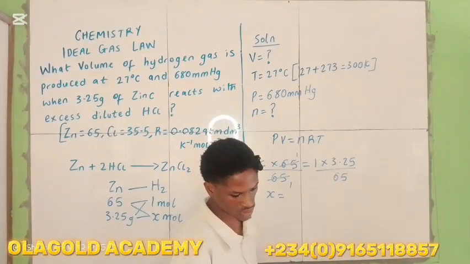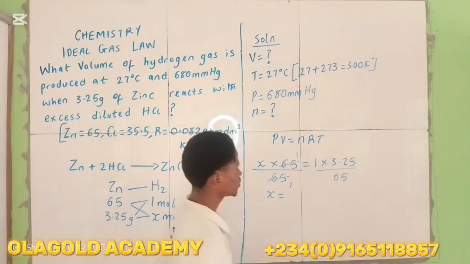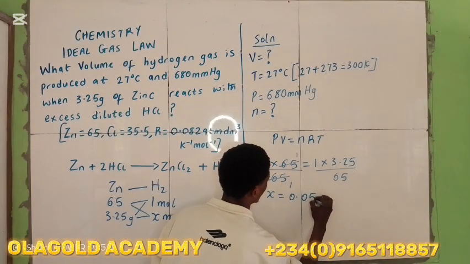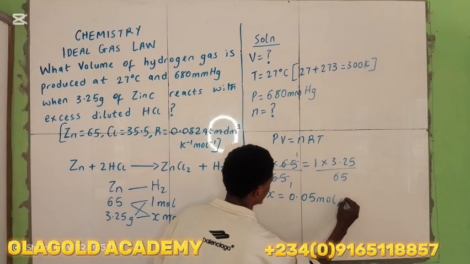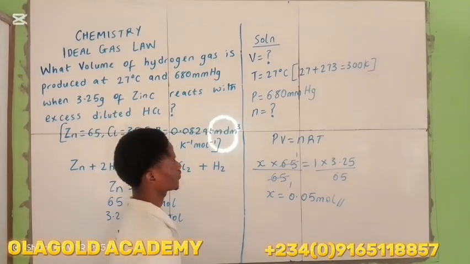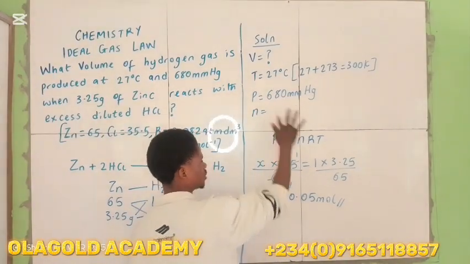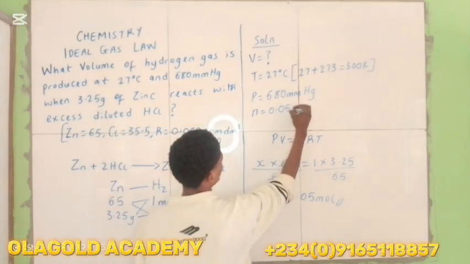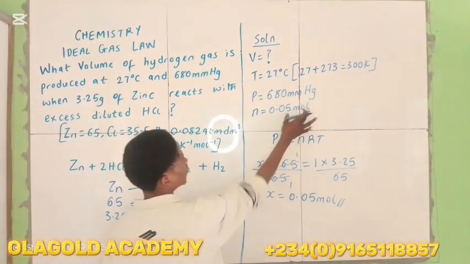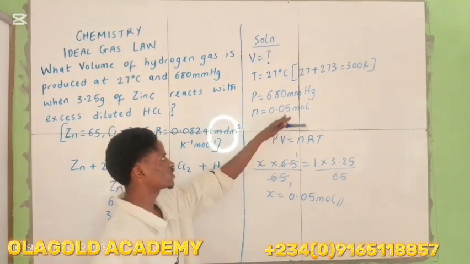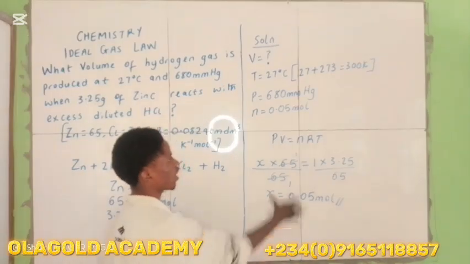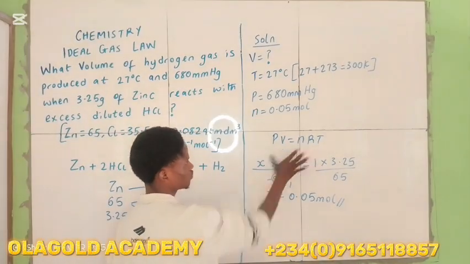We are going to get 0.05 mole. Our number of mole is 0.05 mole. With this, we can now proceed with our calculation.